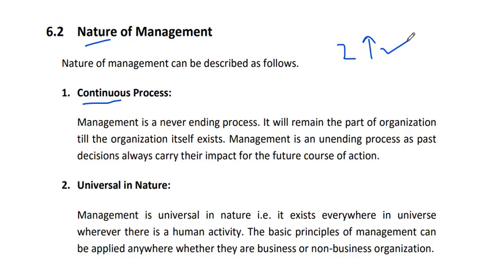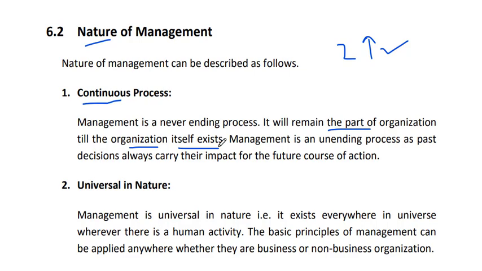If you want to continue the manufacturing of mobiles, you have to continue management. Management is a never ending process. It will remain part of the organization as long as the organization itself exists. If you want to close the manufacturing, then management will be closed.